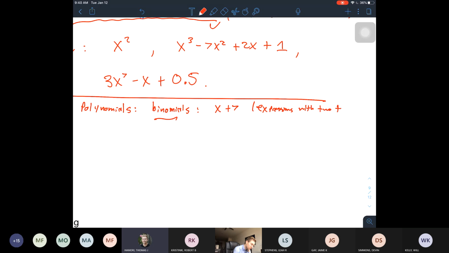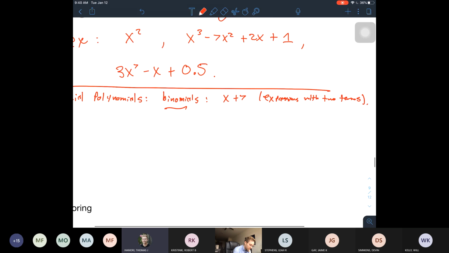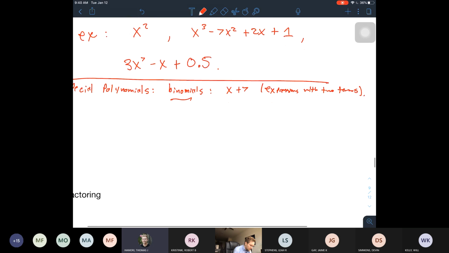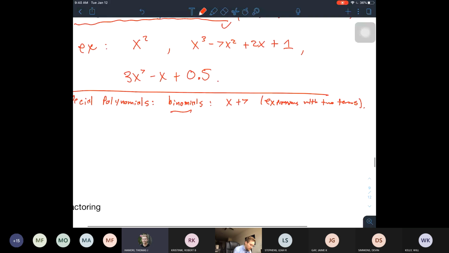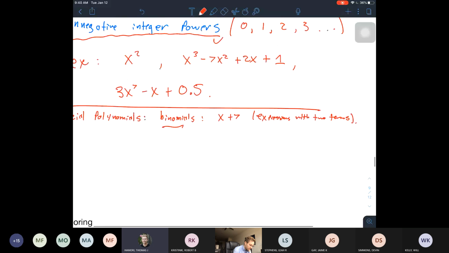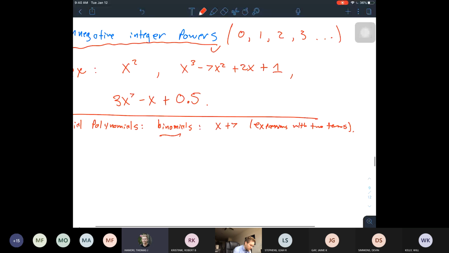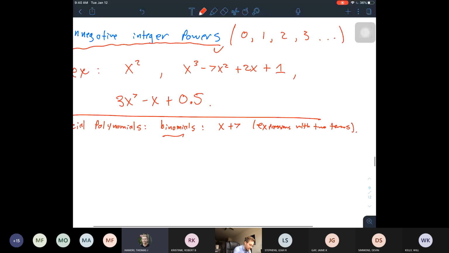That's what a binomial is. You might have heard of the Binomial Theorem or the Binomial Formula, which expresses how to take different powers of these sorts of things, like foiling many times, and get the binomial coefficients for those.